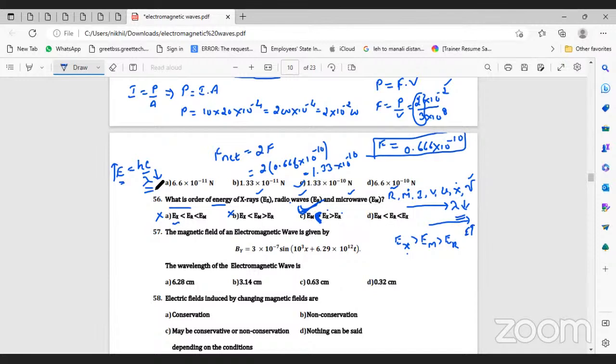Less wavelength, more energy. So as we move from radio to gamma, energy must be more. So energy of gamma ray is more compared to radio. So I have arranged for X-ray, radio, and micro. X-ray energy is more, radio waves energy is less. So you can make this condition.